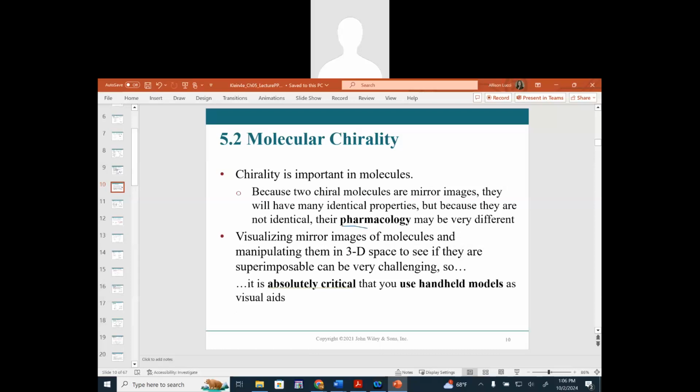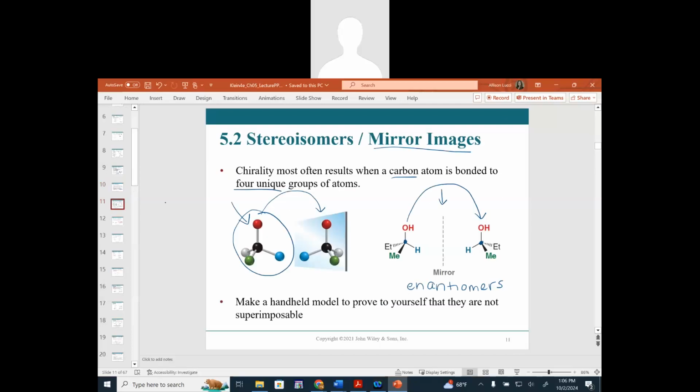It may be hard to visualize mirror images of molecules and manipulate those in 3D space if you just draw them on paper. So drawing a 2D structure is sometimes more challenging. So in our stereochemistry lab, we've used these handheld models to help us as visual aids. So let's see, again, this concept of chirality.